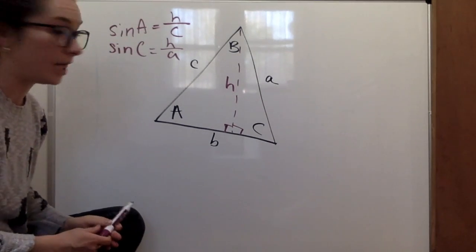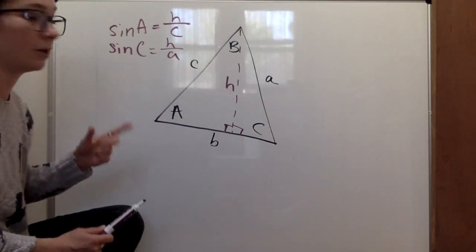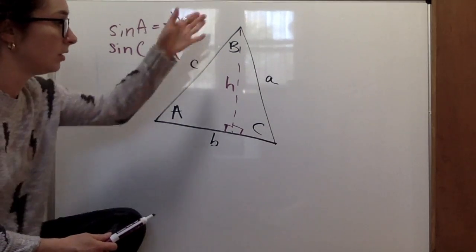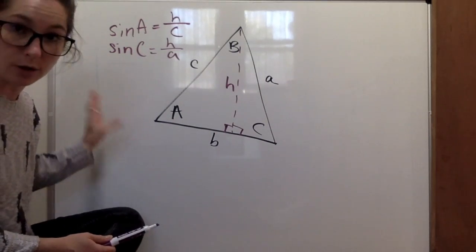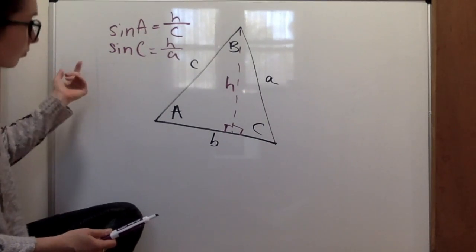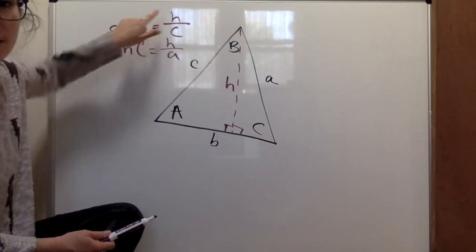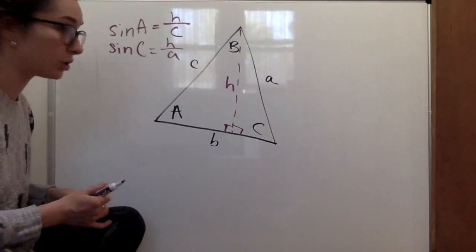So how can I relate my sides and my angles of my triangle without the height in the middle, with just using the stuff from my triangle that's not a right triangle? Well, I can isolate h in both and then set them equal to each other.